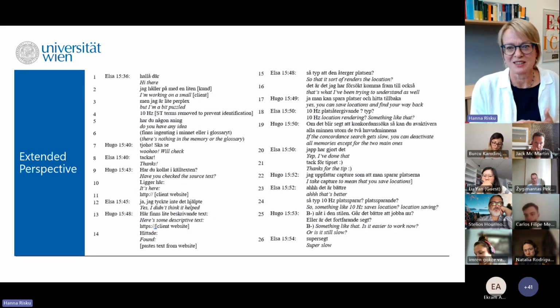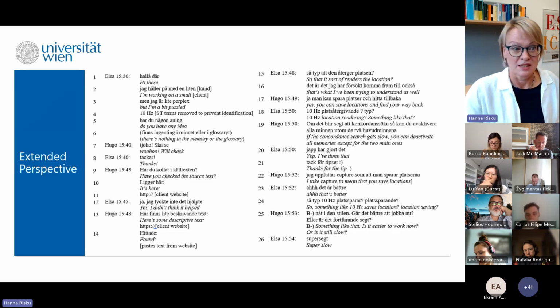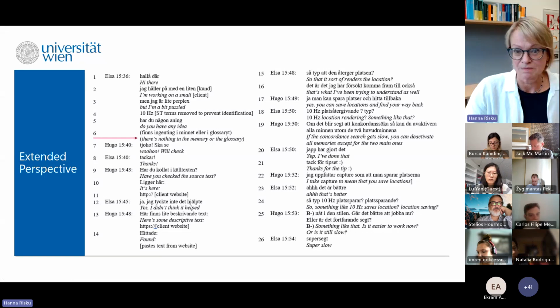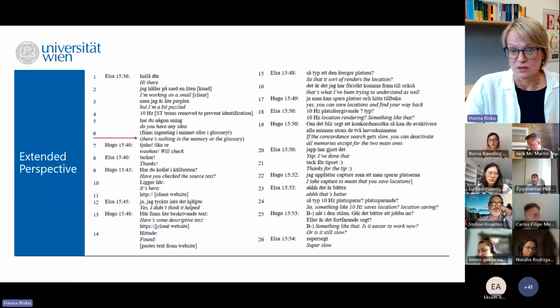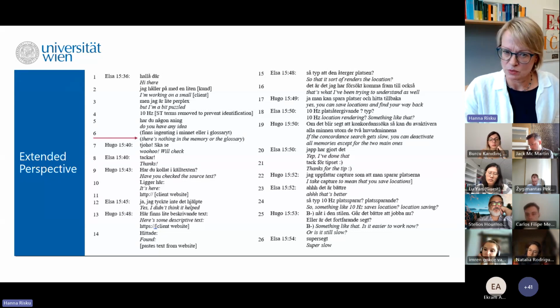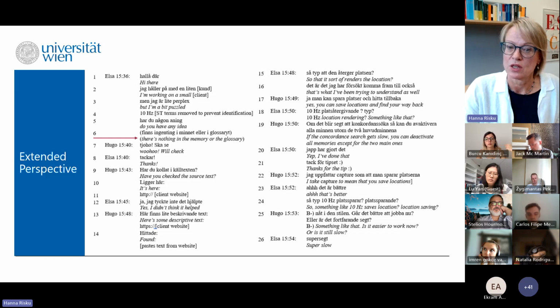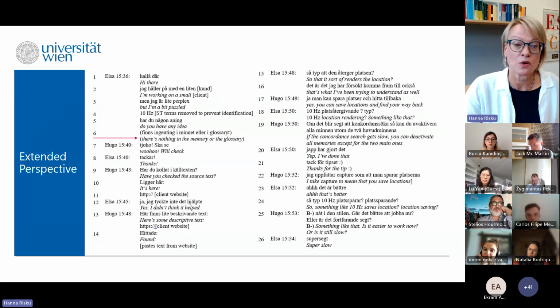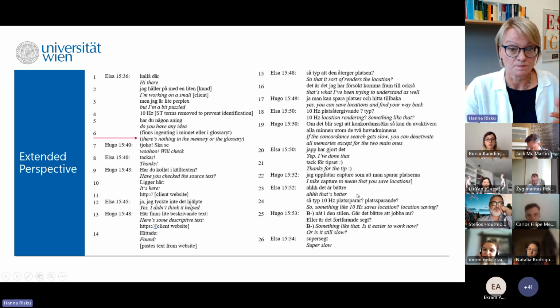So from this perspective, both this disclosure of unhelpful resources, there's nothing in the memory or glossary, and Hugo's insistence that textual and translation memory resources are to be used could be taken to indicate how the task at hand unfolds on the system level.